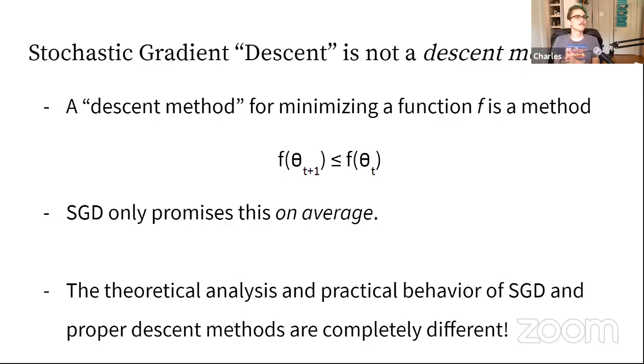And then the practical behavior is also different. Seeing values go slightly up in gradient descent, and especially stochastic gradient descent, is par for the course. Seeing values go up for a descent method means you implemented it wrong. So these are very, very different things when it comes time to debug or to analyze.